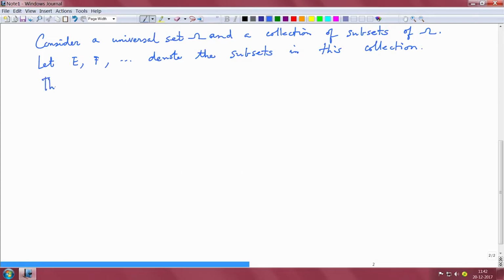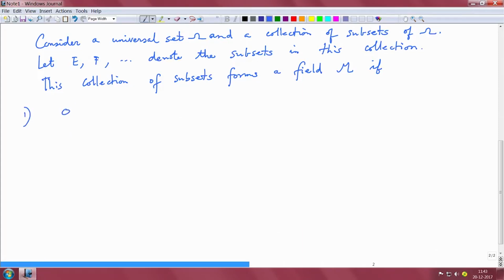Now, this collection of subsets forms a field script M if the following properties hold. So, what are the properties?